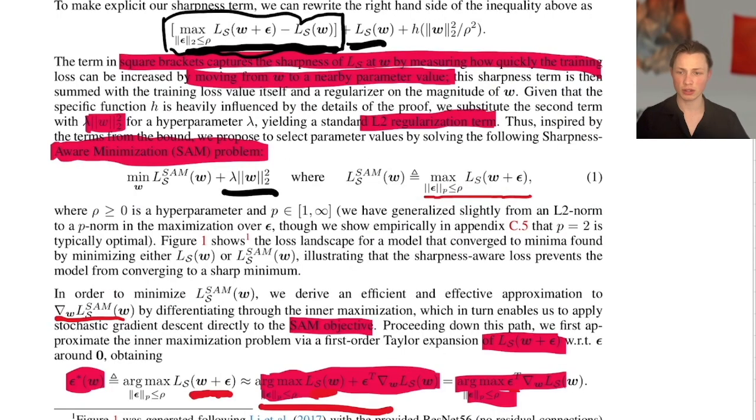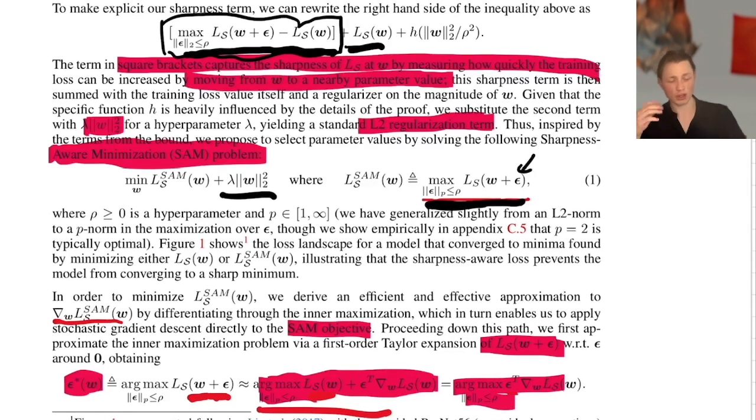This brings us to a point where we have one minimization and one maximization term. Because first of all, we want to minimize our overall loss function, but our loss function has to maximize at first this one here. So at first we want to find the parameter that is near to our current parameter but has the worst case loss in this region, and we want to find this epsilon.